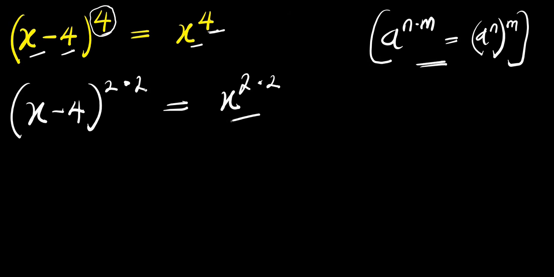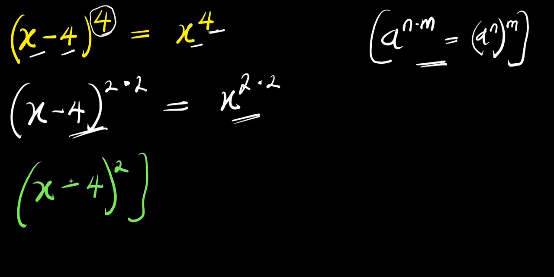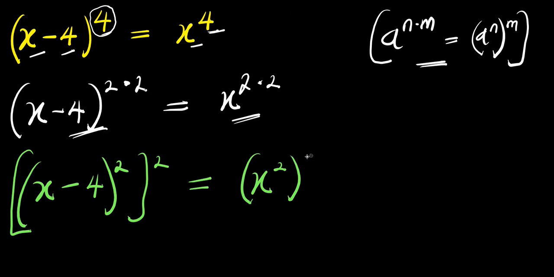We apply this right here and here. So what we are going to have is (x - 4)^2 raised to the power of 2, equals (x^2)^2.